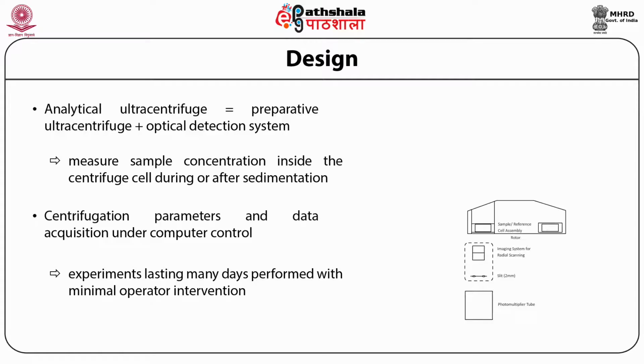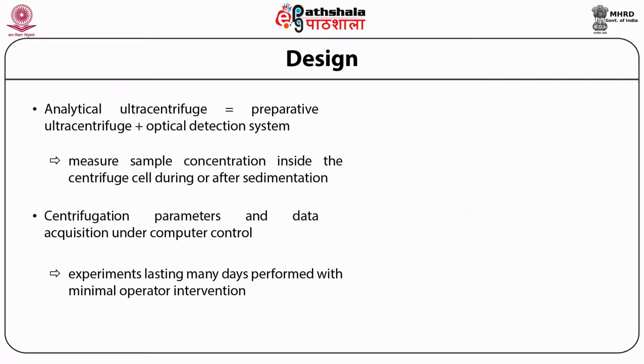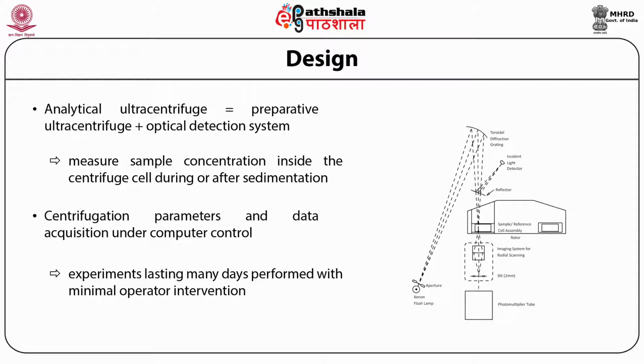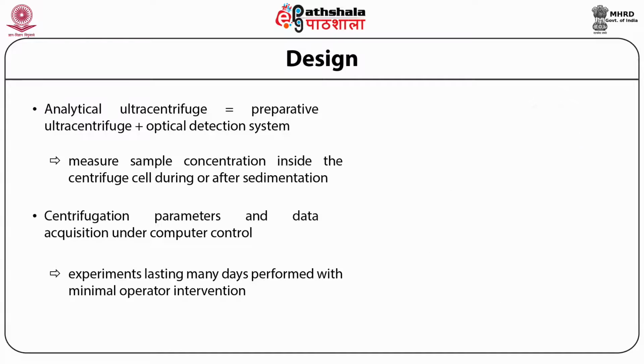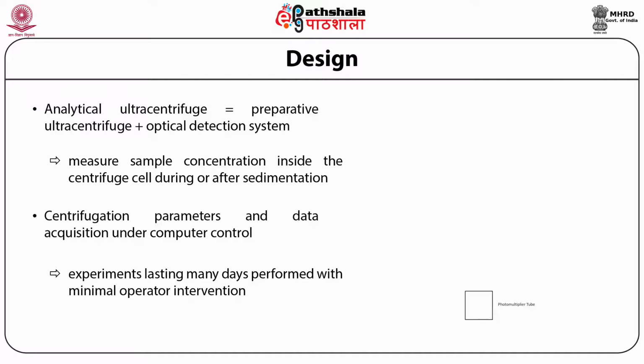This is the rotor, this is the centrifuge part, and this is the cell which holds the sample. The cell has two parts, one is the reference and one is the sample component, and it is connected to the optical system which can detect the molecules inside the centrifuge tube during the centrifugation process.